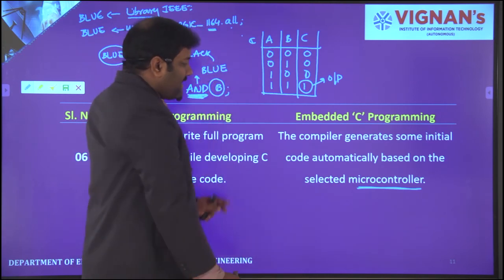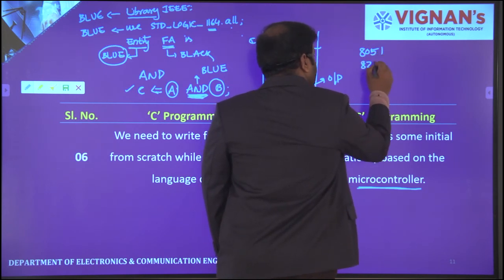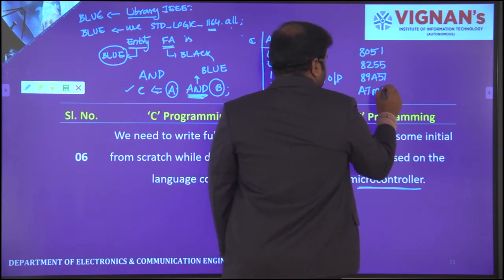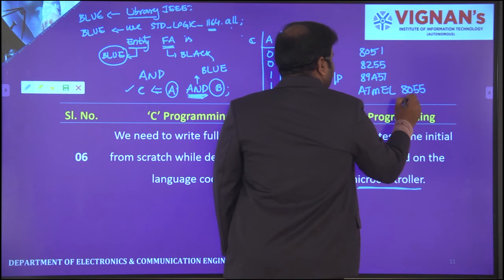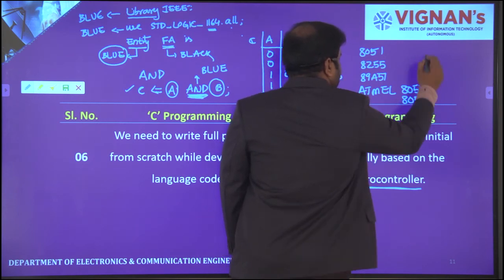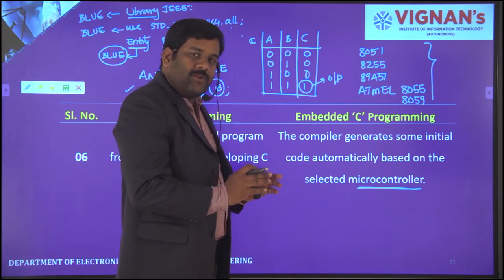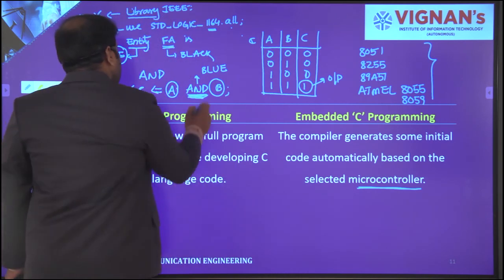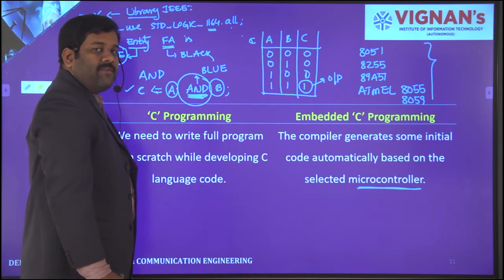Each and every microcontroller, be it 8051, 8255, 89A51 or Atmel 8051, 8055, 8059, whichever it may be, has its own programming structure and its own predefined functions. A predefined function is a function whose internal meaning is already implemented.